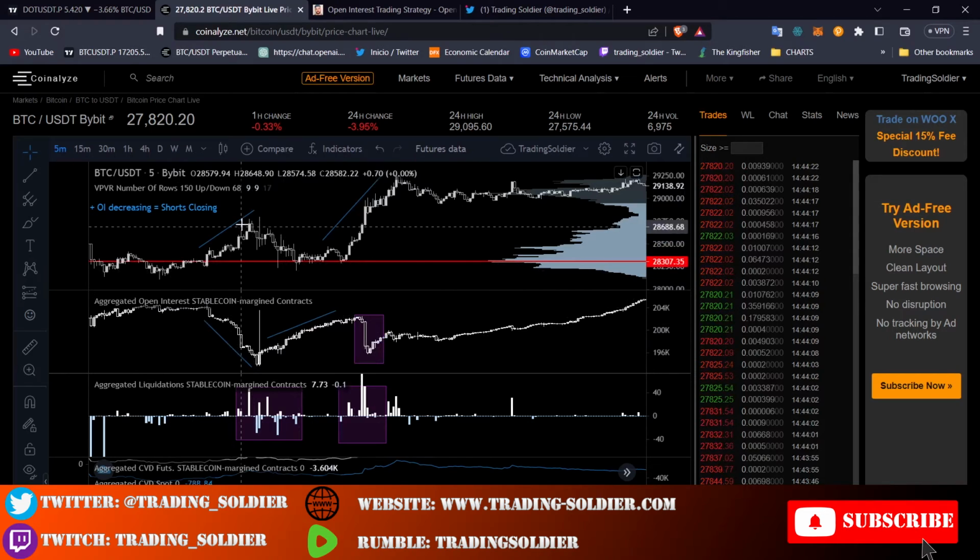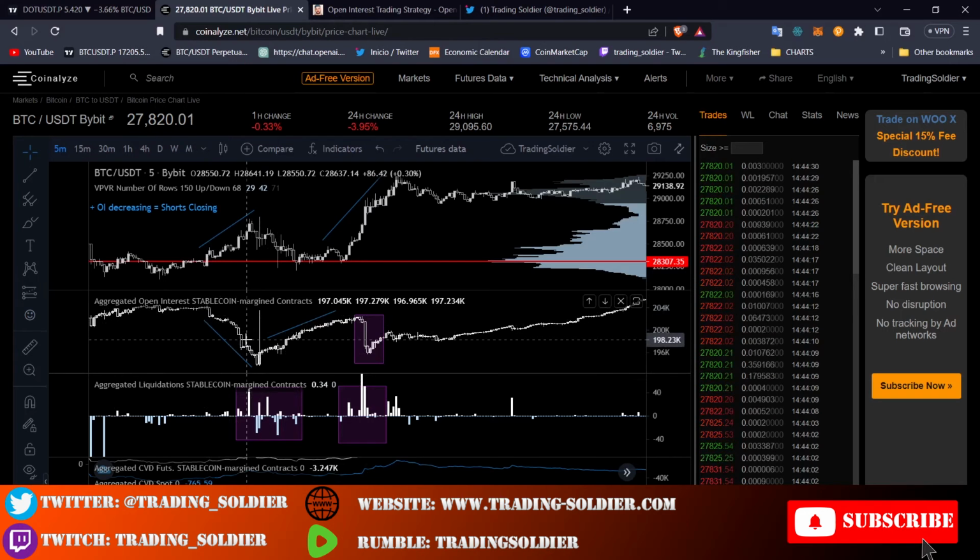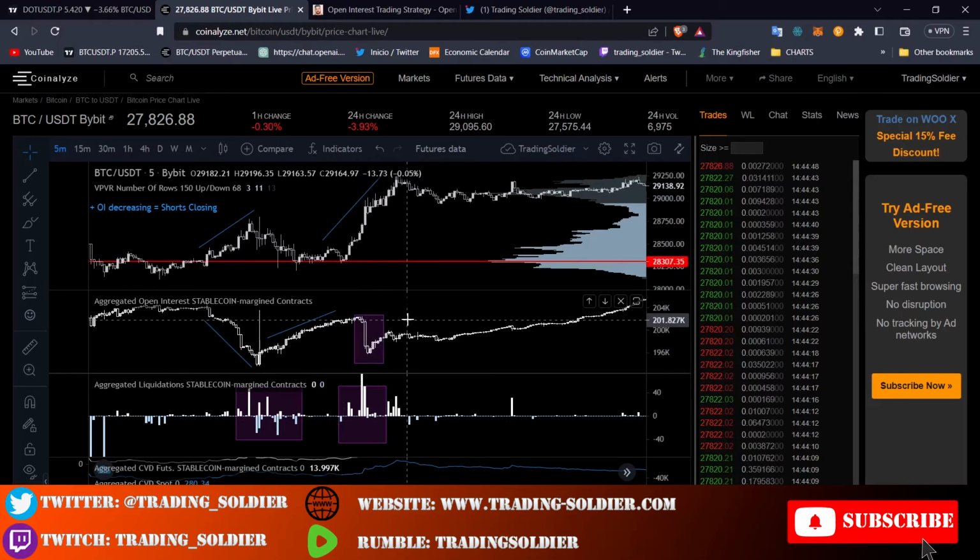So we see the first pump, a lot of short liquidations, and open interest also decreasing following these liquidations. Then all of a sudden open interest begins to rise again, so the traders begin to short this upside movement again, and then all of a sudden, a big bearish candle and also big short liquidations.